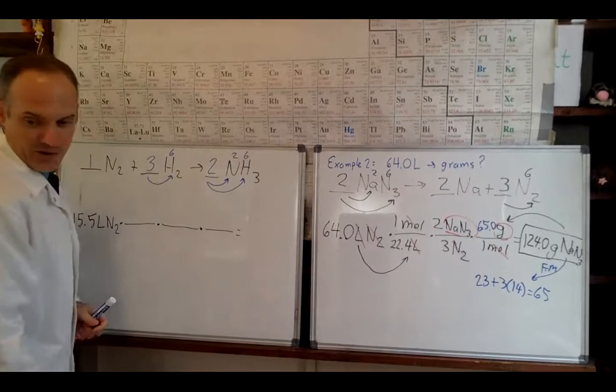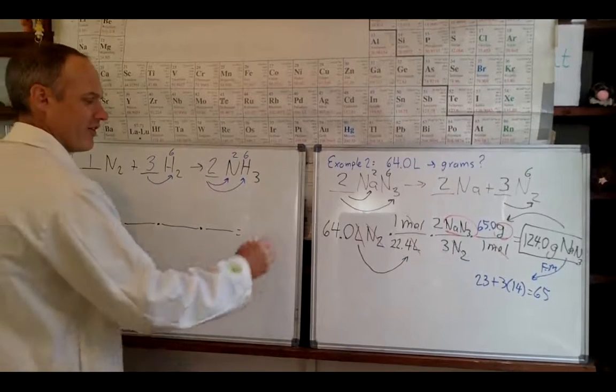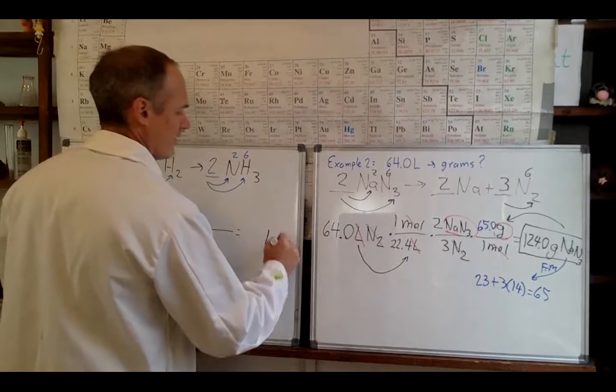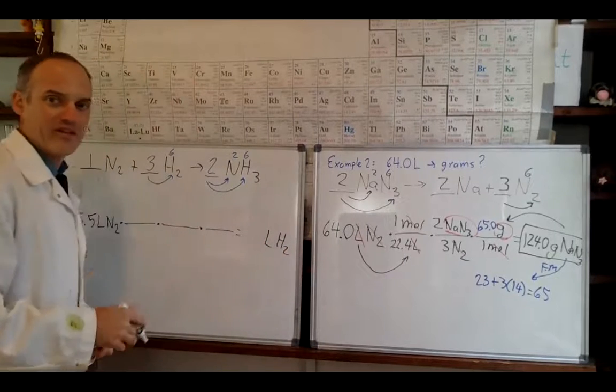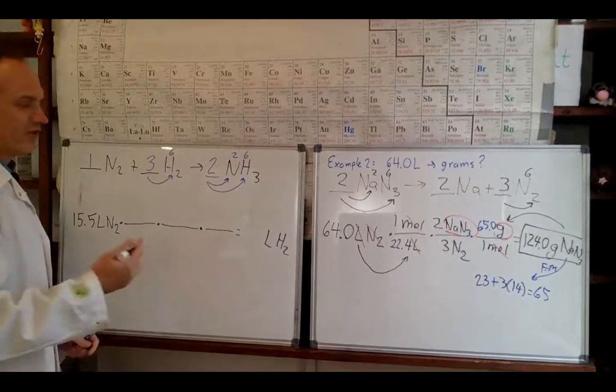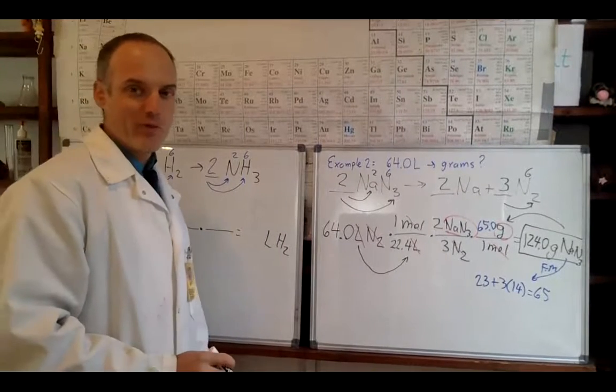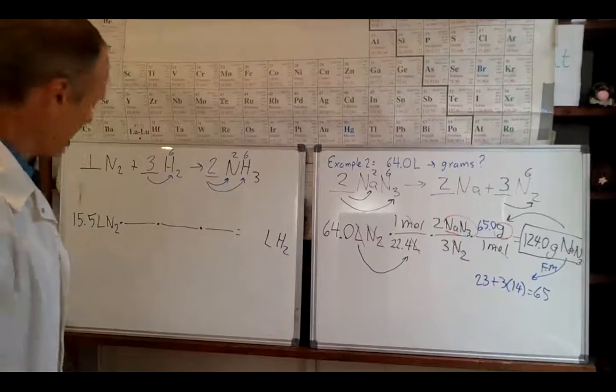We're looking for liters of hydrogen. It actually doesn't say, I guess. It's not a very good problem. It should say it wants liters of hydrogen. That's what we're looking for. So we're going from liters of nitrogen to liters of hydrogen. Can you see why this is a stupid way to set it up yet? All right, let's find out.